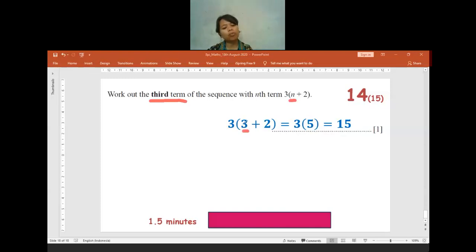So it will be 3(3 + 2). Remember BODMAS? We have to finish the calculation inside the bracket first. So 3 plus 2 is 5. Now the bracket means times, so 3 times 5 equals 15. That's why the answer for question 14 is 15.